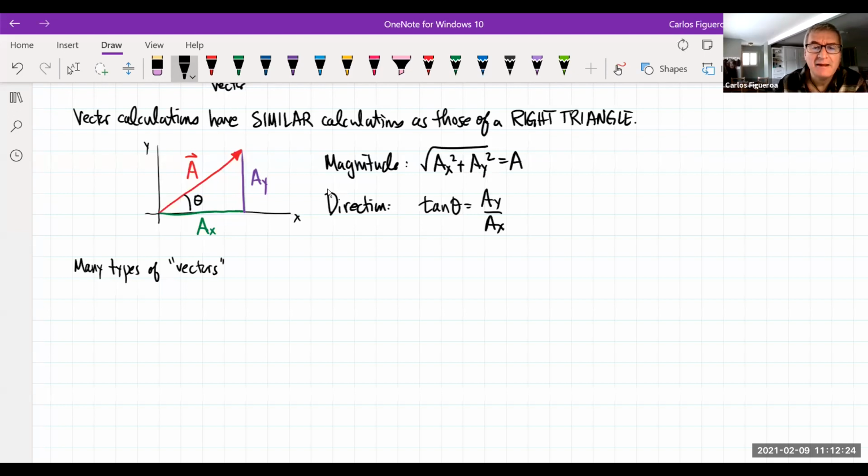It depends on the dimensions of the coordinate system you're dealing with, and that defines the type of animal that lives in that space. In other words, when I say many different types, it depends on the dimensions of your coordinate system.